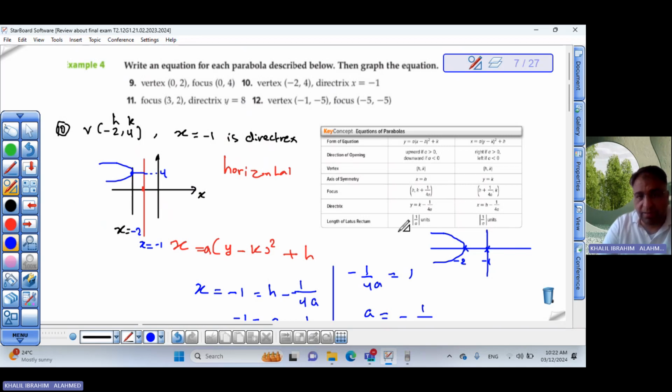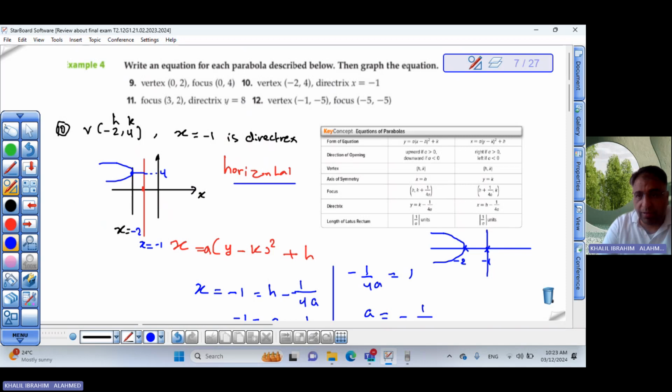Now everything is ready. Right here, the directrix is vertical, which gives the direction of the parabola. The equation is x equals a times y minus k squared plus h. Okay, good. The change is on the x-axis, this is -2, -1, but y is fixed.